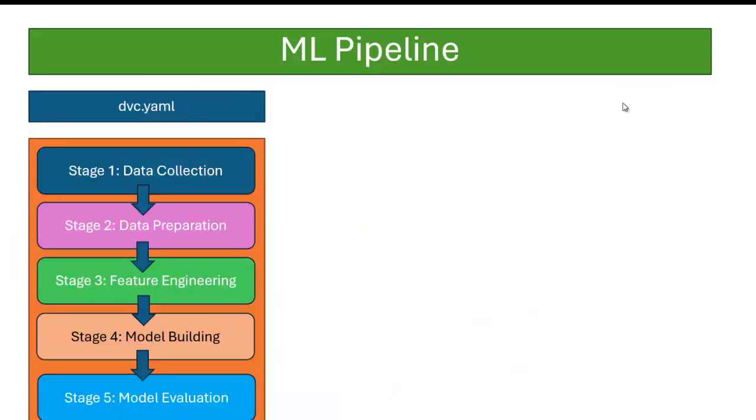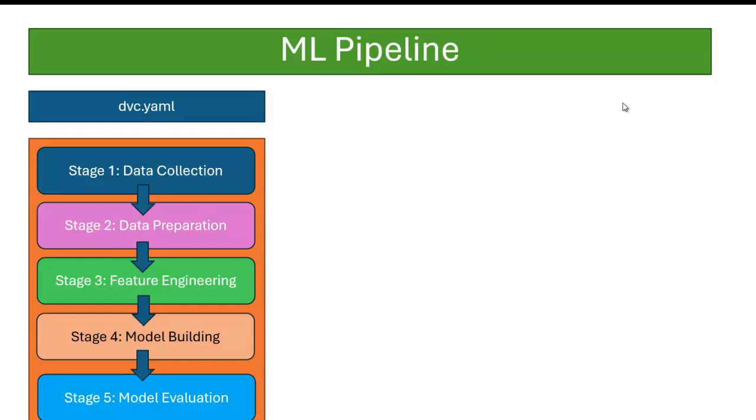Now just remember, at this stage, creating a DVC pipeline means handling the dvc.yaml file. That's all. I am repeating, just remember, creating a DVC pipeline means handling this dvc.yaml file. We will create entries for each stage in this particular file, including the required inputs for the stage, the output of the stage, and how to run the stage.